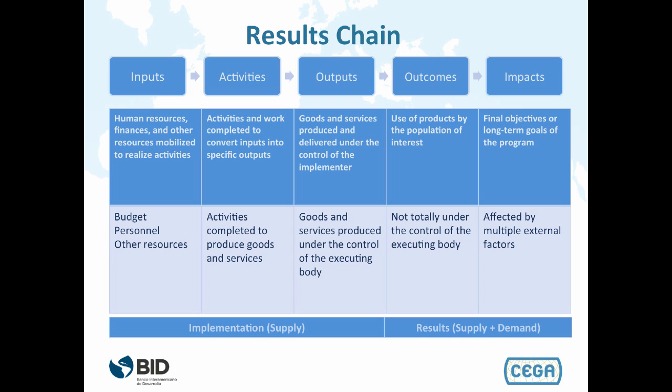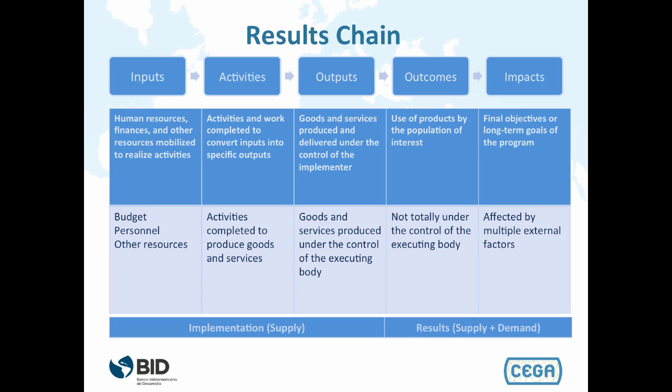When we think of inputs, examples might be budget, personnel. Activities could be things that are completed to produce the services. Outputs are goods and services produced under control of the executing body. Outcomes are not completely under the control of the executing body. And impacts are affected by multiple external factors.